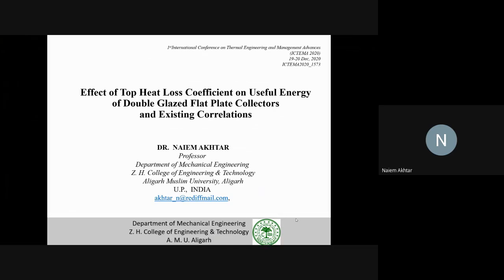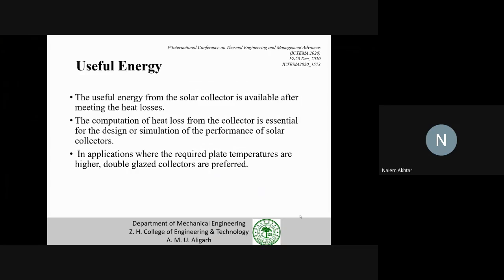Now, my topic of presentation is the effect of top heat loss coefficient on useful energy of double glaze flat plate collectors and the existing correlations of the top heat loss coefficient. We all know that the useful energy from the solar collector is available after meeting the heat losses.